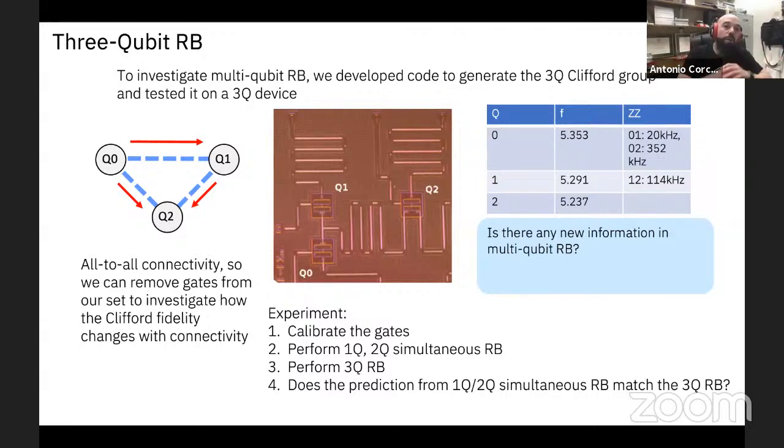there are protocols that are more holistic, in a sense, as we go up in the pyramid that might give us more information than the previous tier of the pyramid. So this is an example with 3 qubits where we have all-to-all connectivity, and we want to compare. We want to say, okay, if I benchmark the 3 2-qubit gates that we have in this triangle, and then I benchmark all the single qubit gates for the 3 qubits, could I predict the performance of the 3 qubit randomized benchmarking that I would get if I ran it?